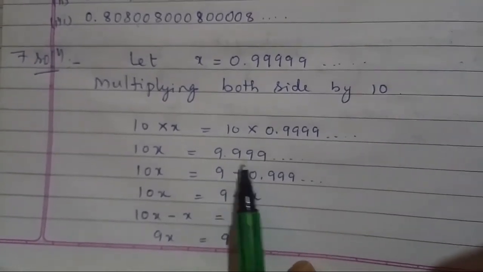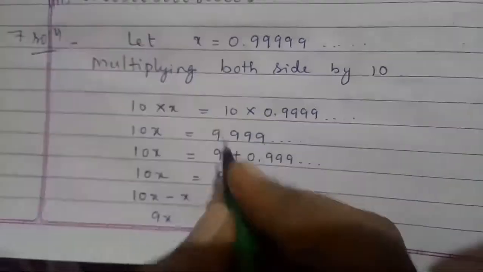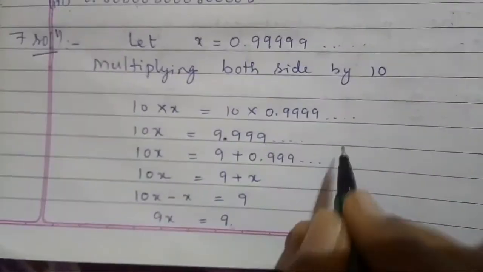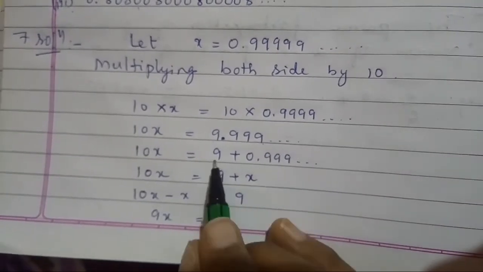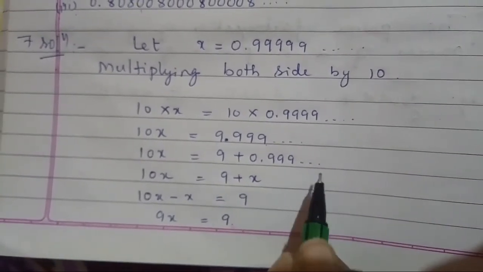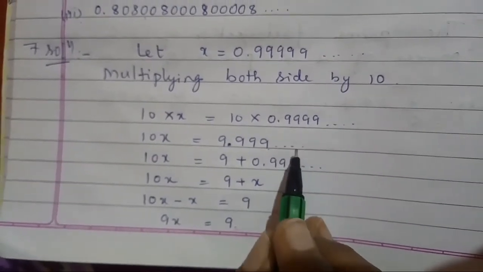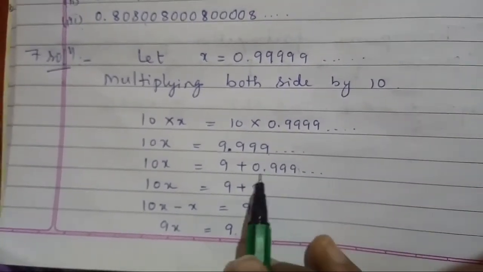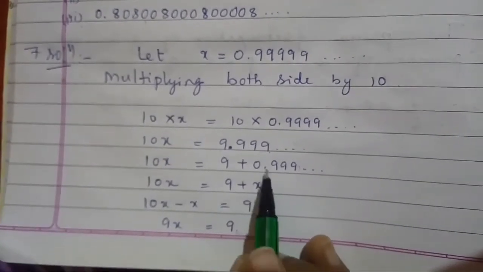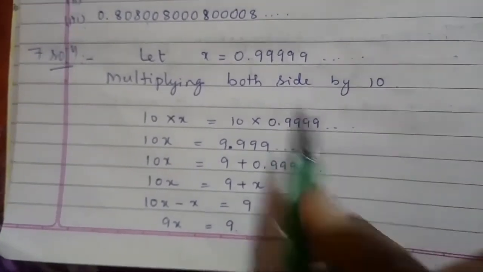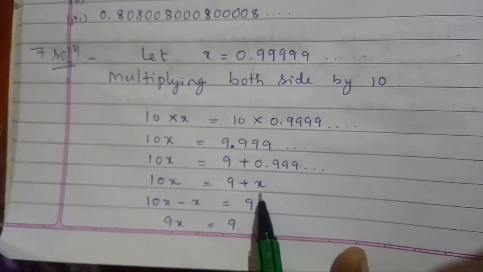The remaining 3 nines remain after the decimal point. Then 10x equal to 9.99, which can be written as 9 plus 0.999. If you add, you will get 9.99 itself. If you want, you can check it. 10x equal to 9 plus x, because this is x and this value will be the same, right? So therefore I had taken x here.